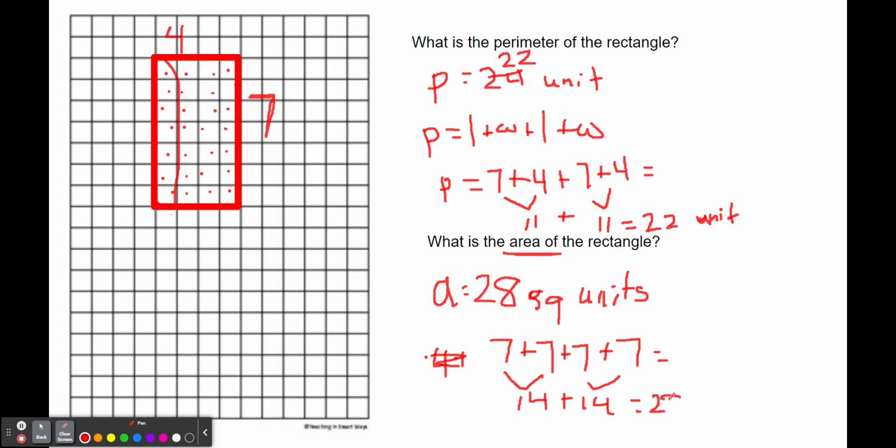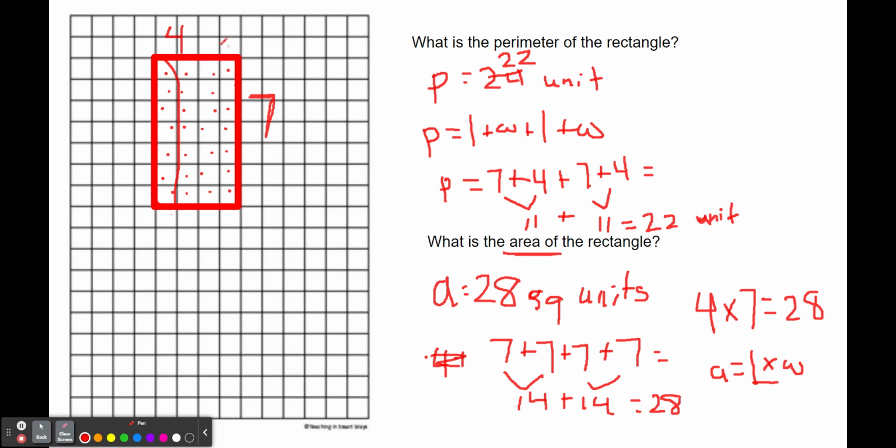So that is one way I could do it. Or the faster way I could do it, if I don't want to do addition multiple times, is I could do 4 times 7, because I have 4 groups of 7, which is going to give me 28. And this is actually what our formula for area is going to look like. So our formula for area, for rectangles, is length times width. And actually, let me make this an L. So it is length times width.